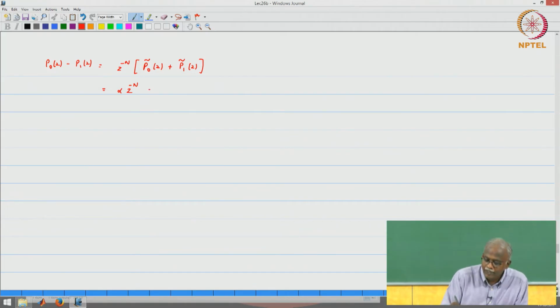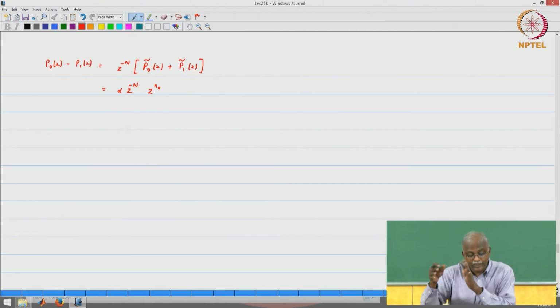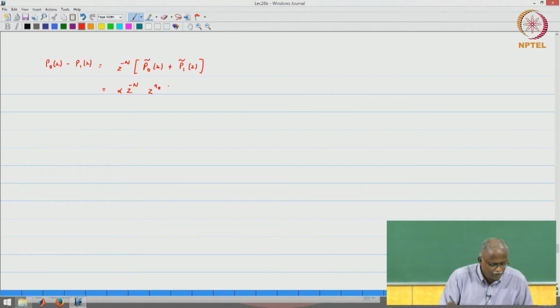So, this will become z power n naught, because what we are doing is replacing z with minus z, and previously we had d naught tilde. So, now what we get is d naught of z, previously you had d1 of z, now it will become d1 tilde of z.